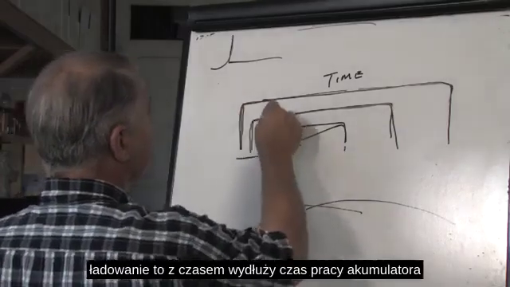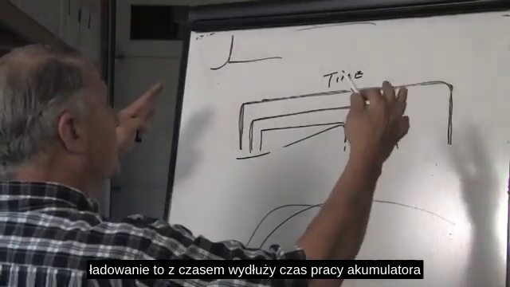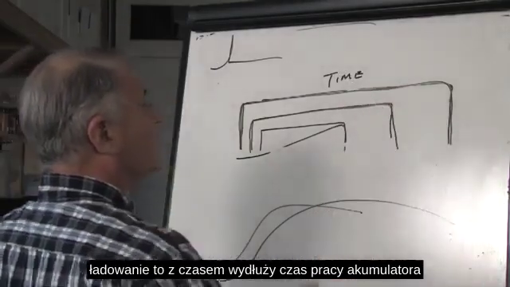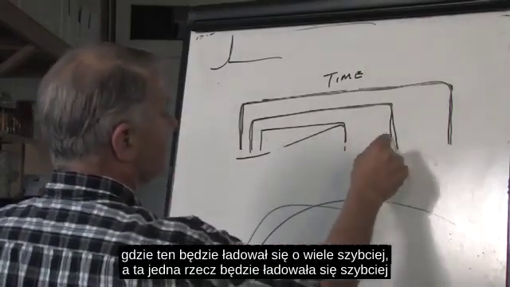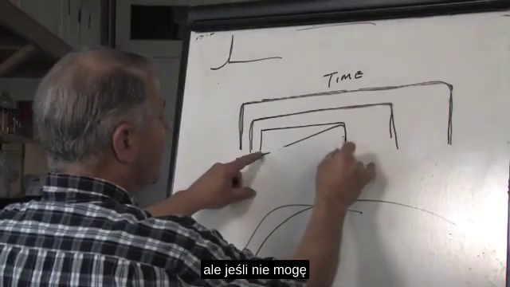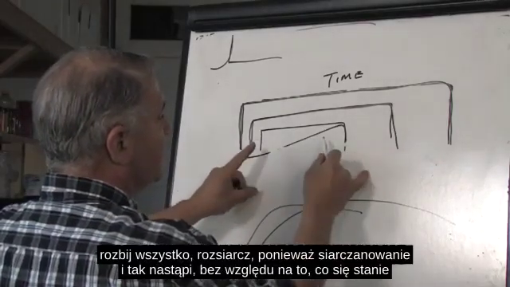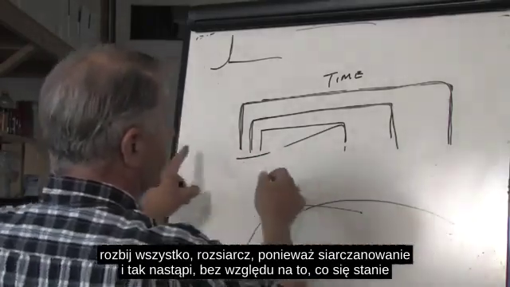This charge over time is going to give a little bit longer run time to the battery, where this one's going to charge a lot faster and this one even faster. But if I can't break any sulfation up, because sulfation is going to happen no matter what.